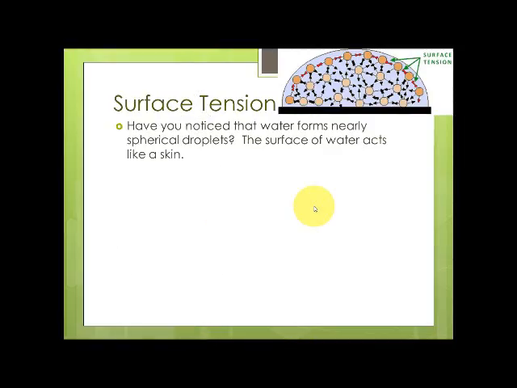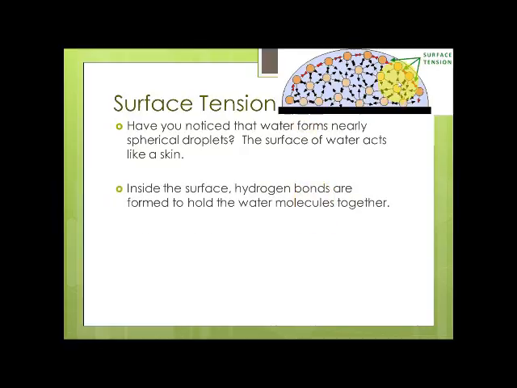Have you ever noticed that when you have water spilled somewhere, it nearly forms spherical droplets, or like a hemisphere of a droplet? Okay, and this is because the surface of the water acts like a skin to hold everything in together. So, if you look up at the little bubble up here, on the inside, the hydrogen bonds are formed to hold everything together.